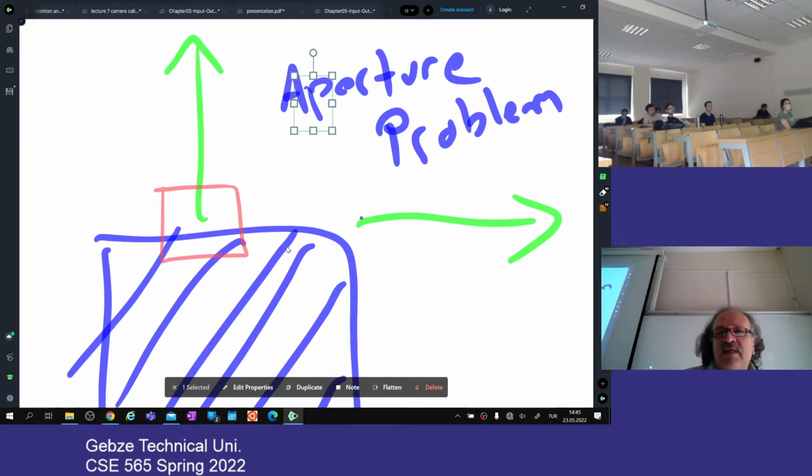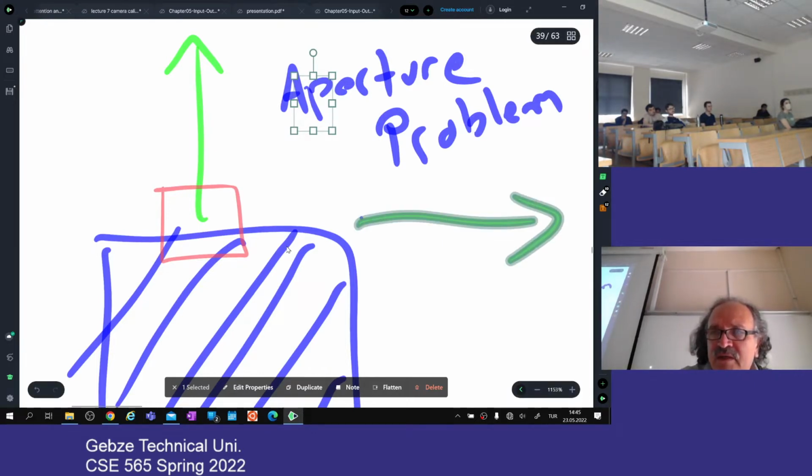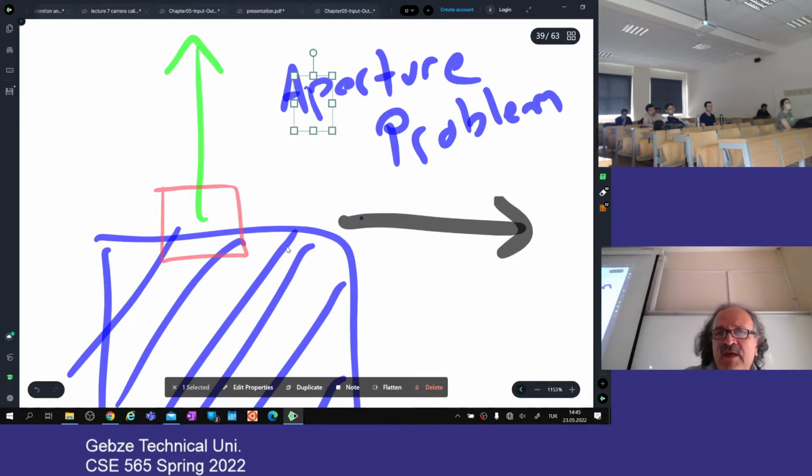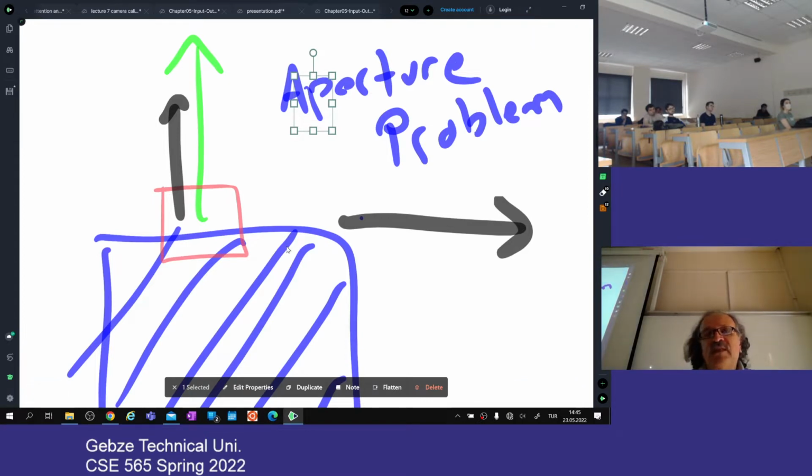But if you are lucky, and my velocity vector is this way, then I can see the motion, and I can get the motion vector exactly as it is.